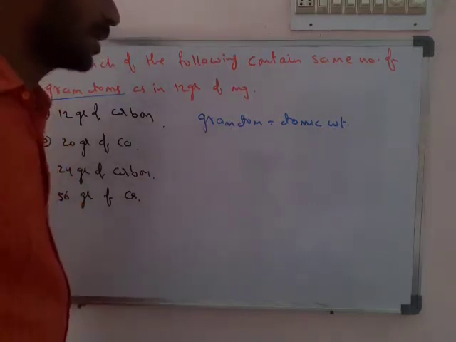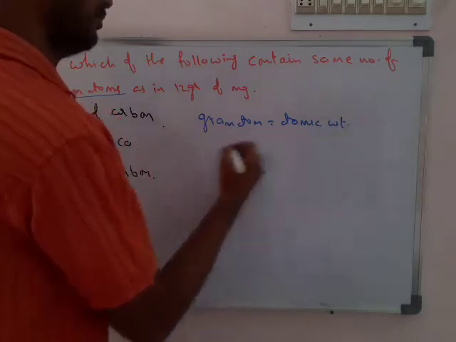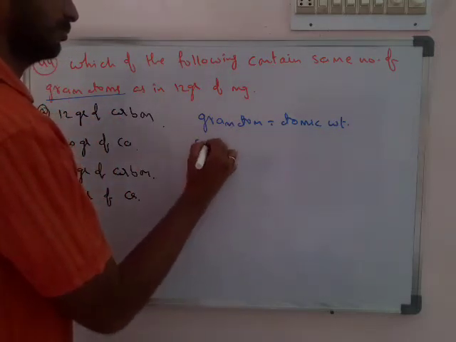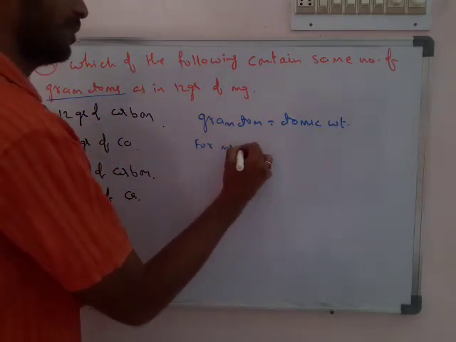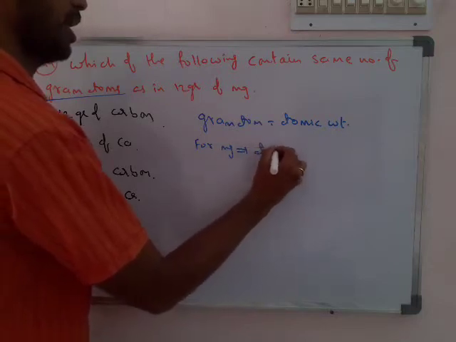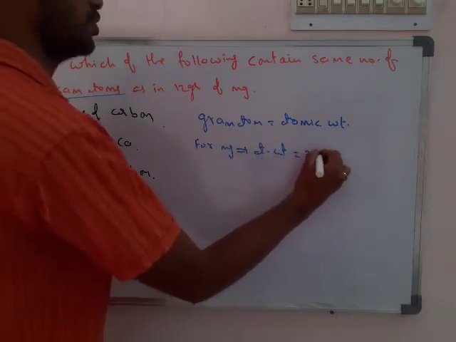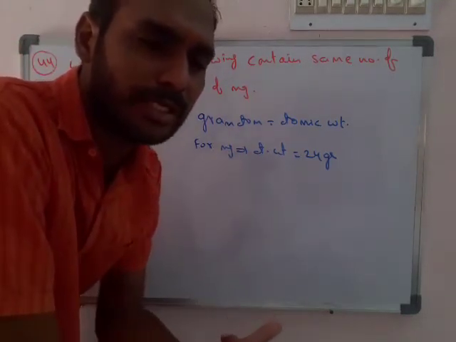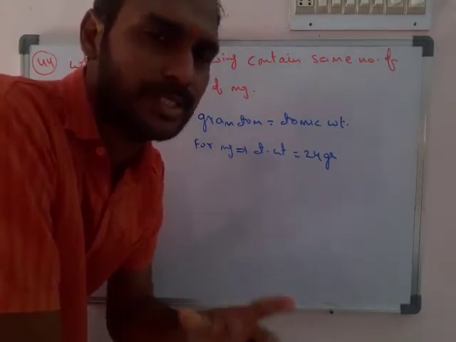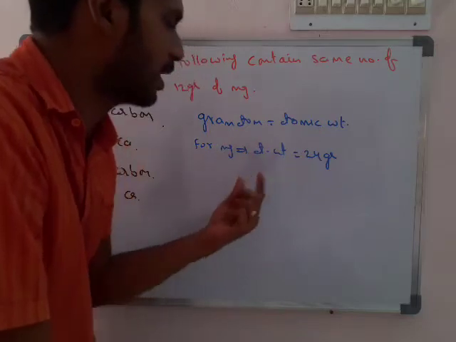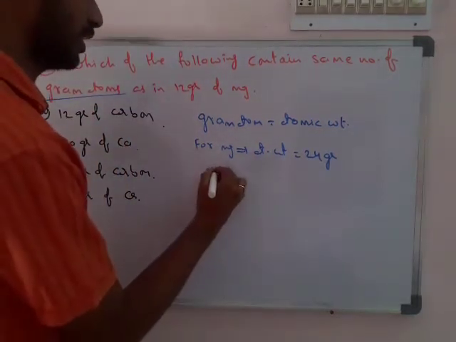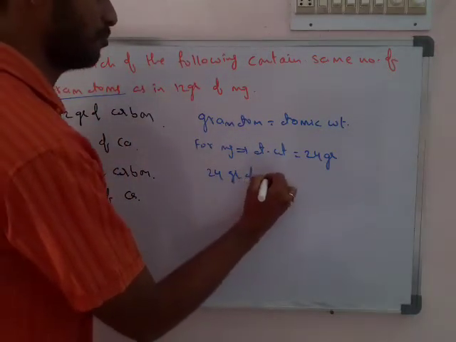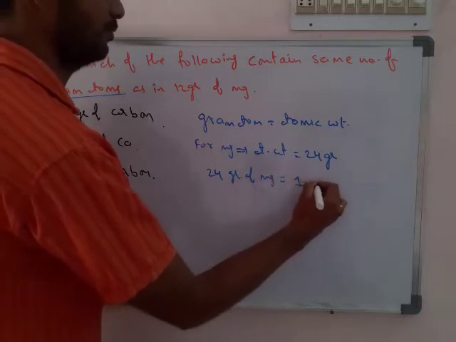What is the gram atomic weight of magnesium? For magnesium, the atomic weight is 24 grams. If there are 24 grams of magnesium, we directly say there is 1 gram atom.